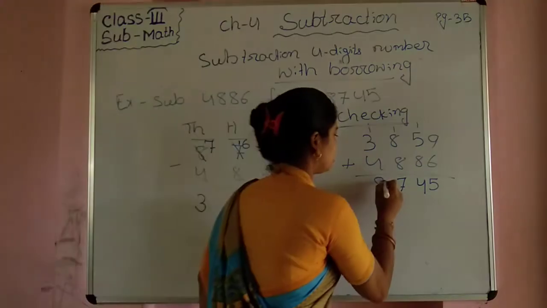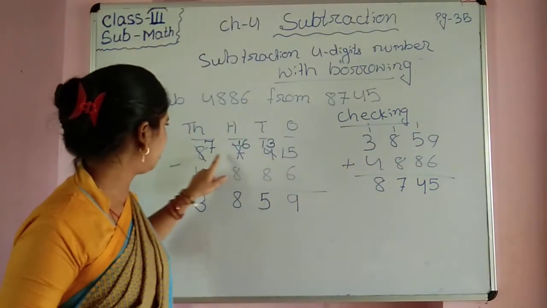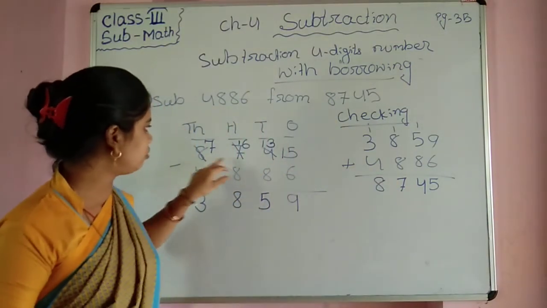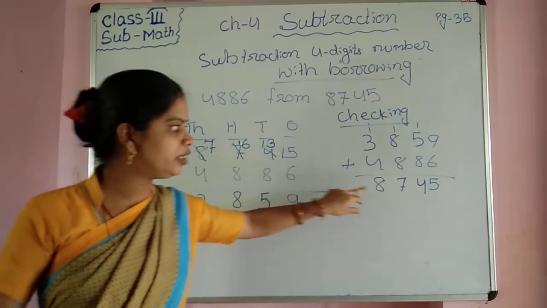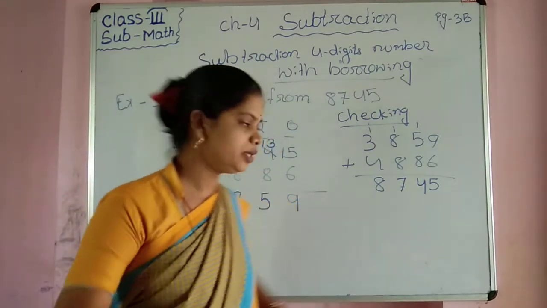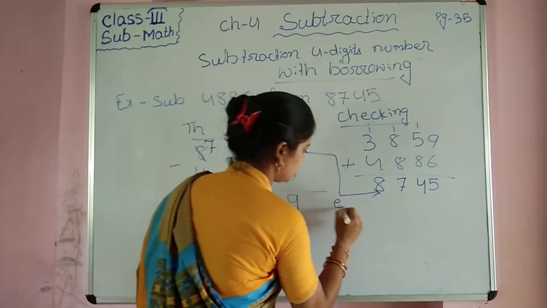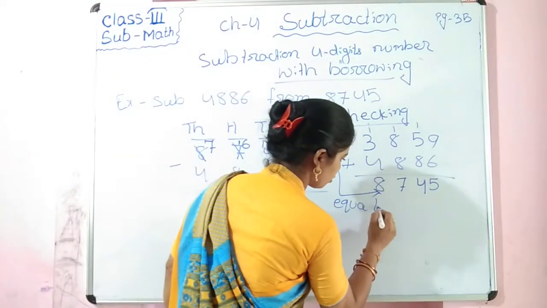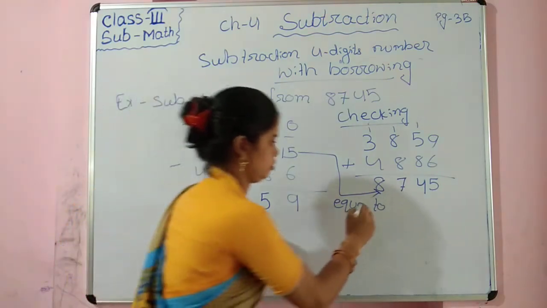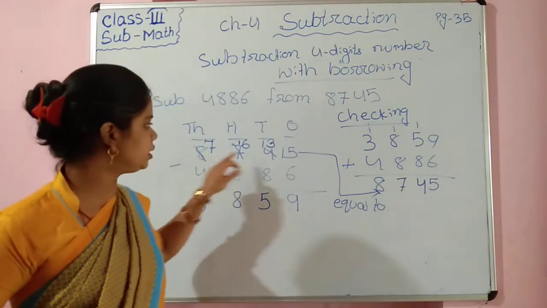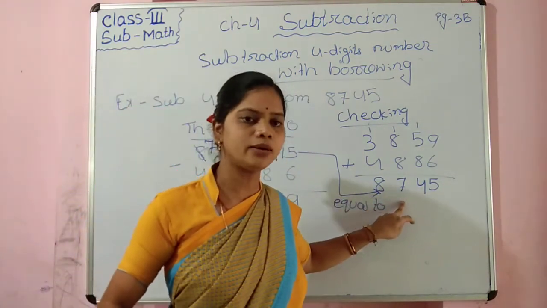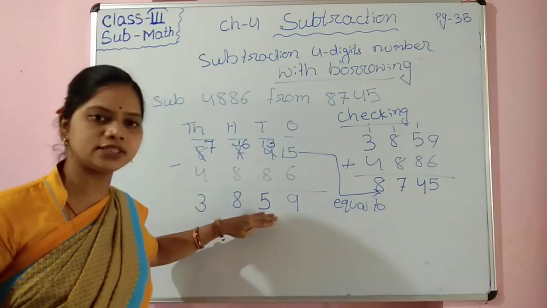Look children, here is 8745. This number is equal to this number. So our subtraction result is right.